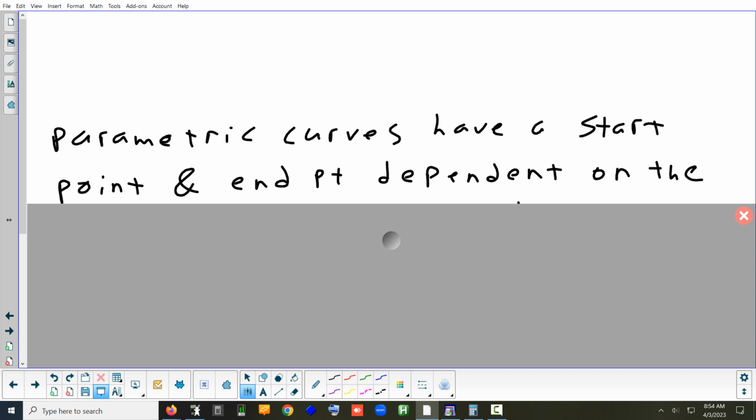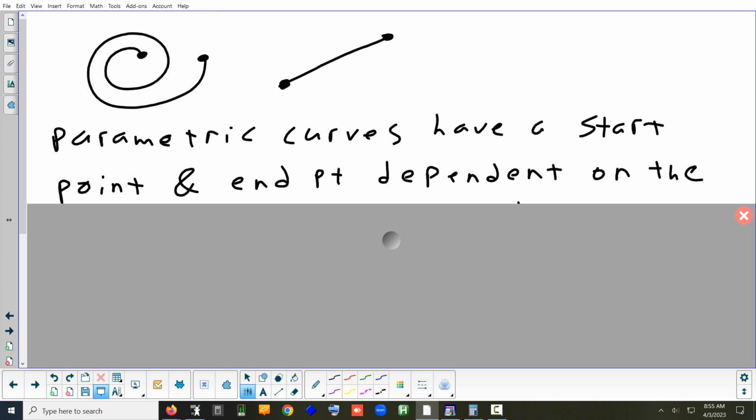So parametric curves in general do not go on forever. Like if you draw a spiral like that, I would say this point was the start point and this point was the stop point. If I draw a line segment, this was the start point, that was the stop point.